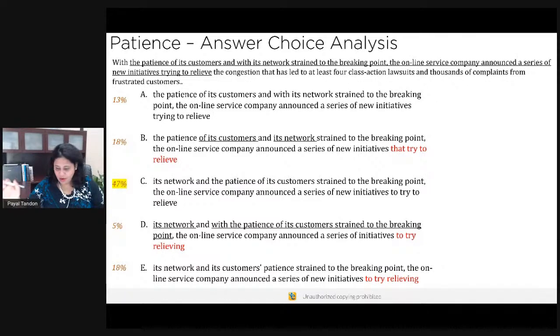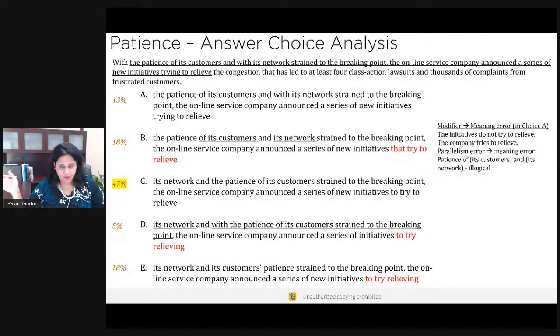Choice A we know is wrong. Choice B is wrong again because you have this detailed analysis. The same modifier to meaning error that existed in choice A exists in choice B as well. Now again, patience of its customers and its networks. It actually tells you this is an incorrect list because it's saying patience of its network. That's illogical, right?